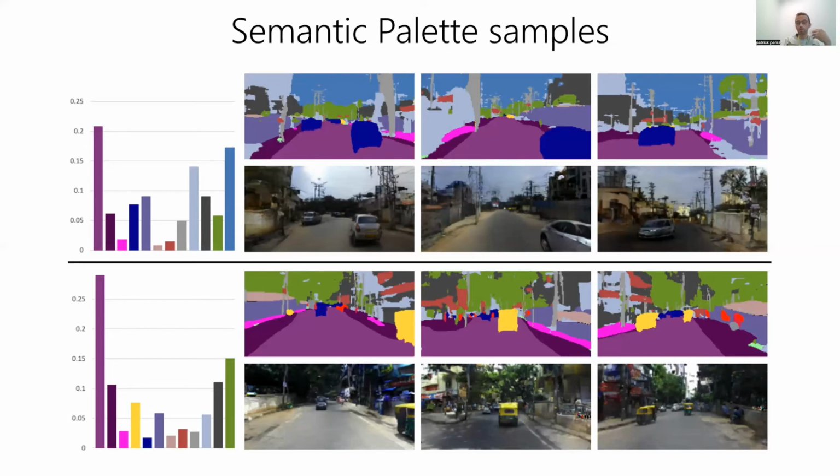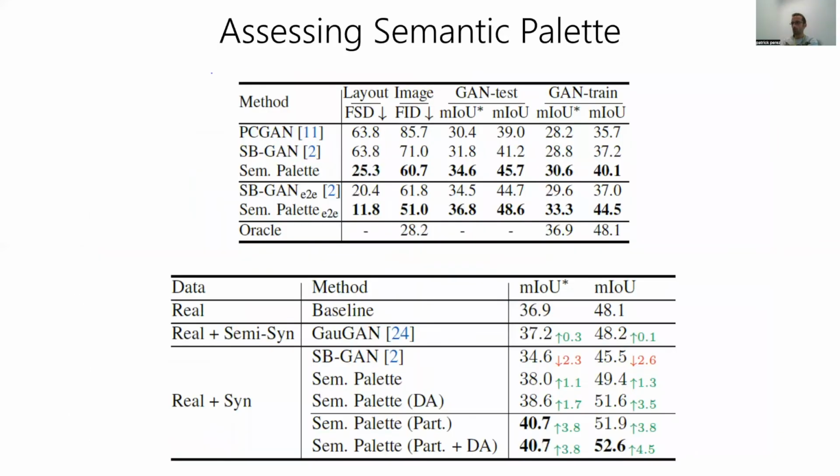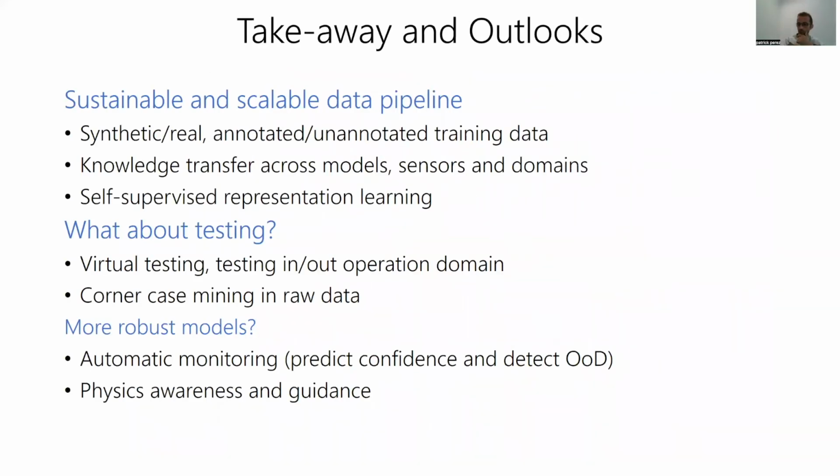Then we can sample the class histograms, and for each sample, generate one or several scenes. This is how we used it, and we had interesting results when training a segmenter on this generated data.